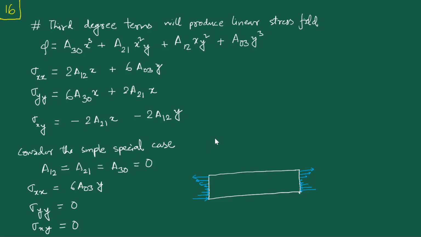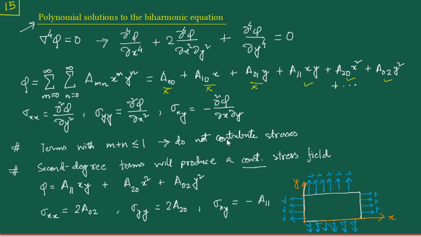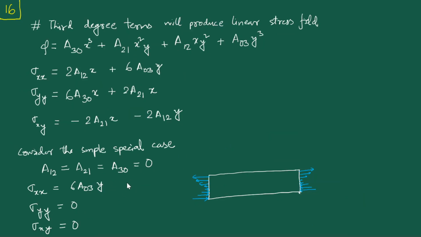But before we can discuss anything related to that, please note that whenever we were taking in the previous page the second degree term, and on this page this third degree term, we did not have to find any special condition regarding the satisfaction of the biharmonic equation. So if you took this form of phi and just plugged it back into the biharmonic equation, you will find that it is identically satisfied.